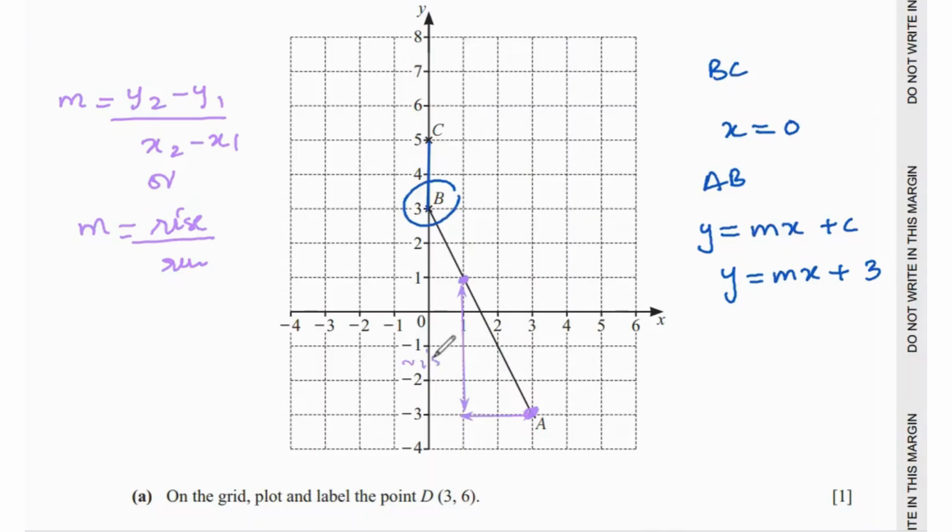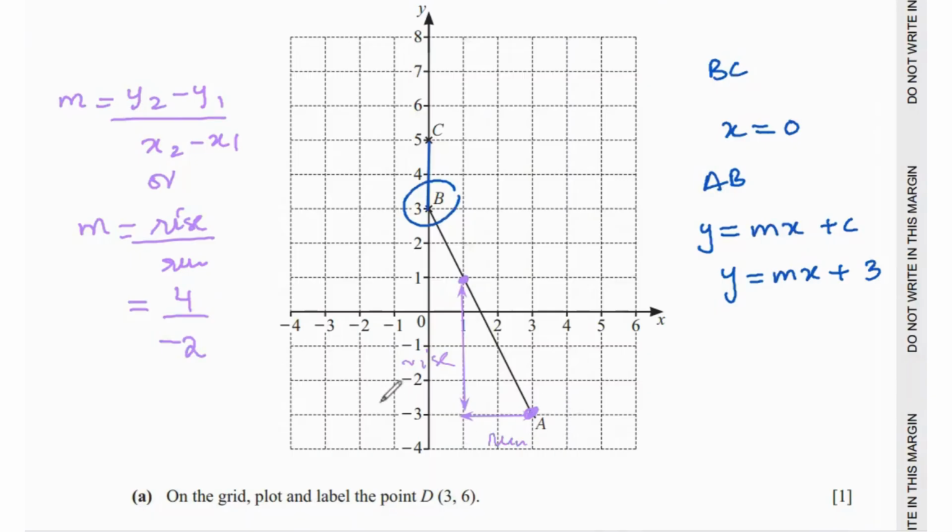If we go from A, we're going 2 units to the left, and then 4 units up. So that means it's going to be positive 4 and negative 2.